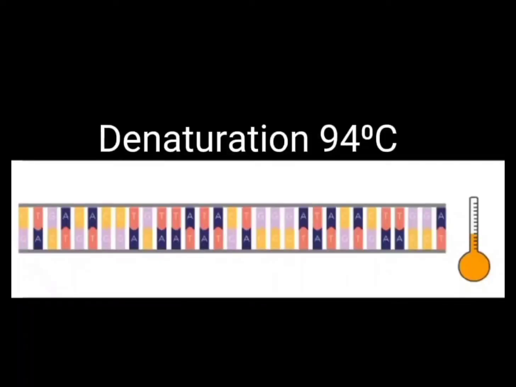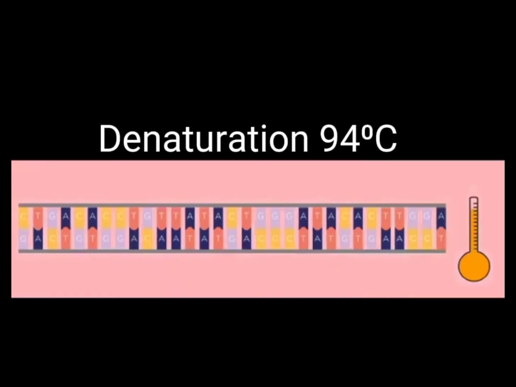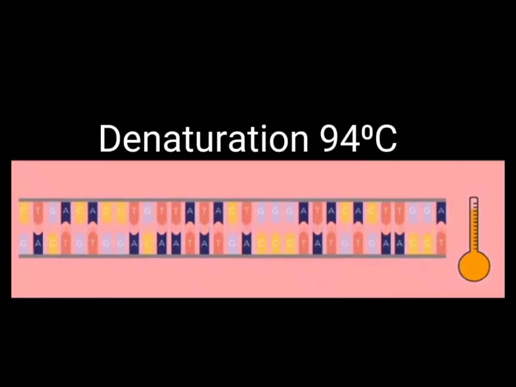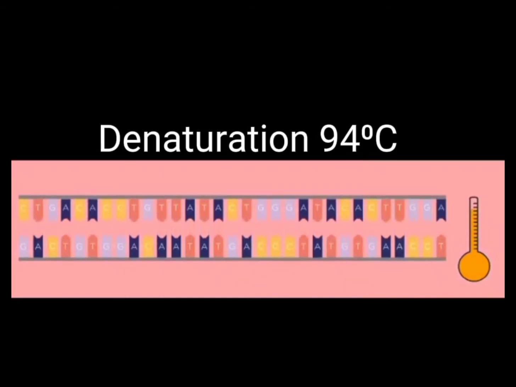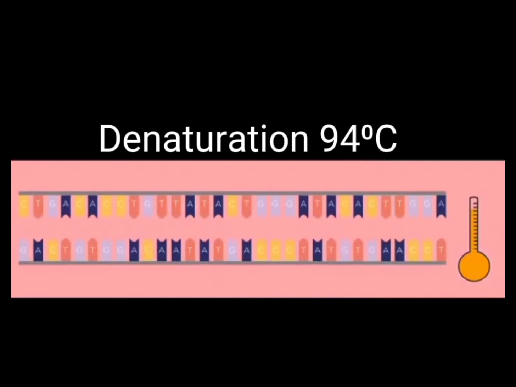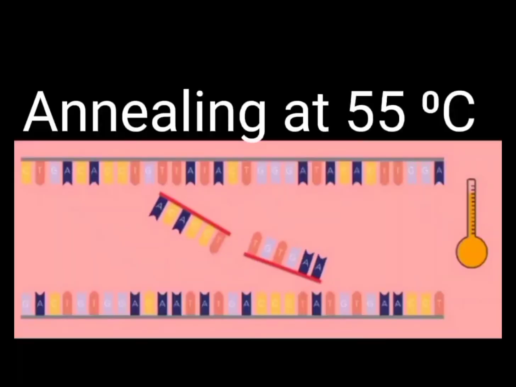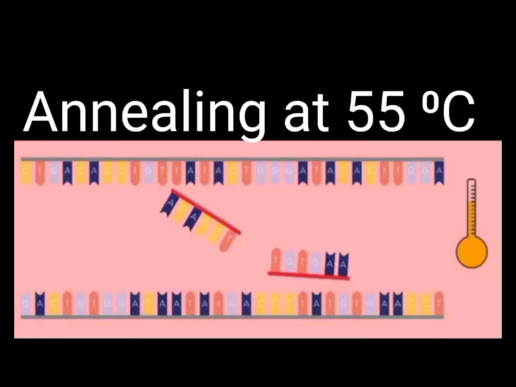This animation shows the process of denaturation. It is also known as the separation process, in which double-stranded DNA is separated into two single-stranded DNAs when the temperature is raised above 94 degrees centigrade. And this animation shows the process of annealing.